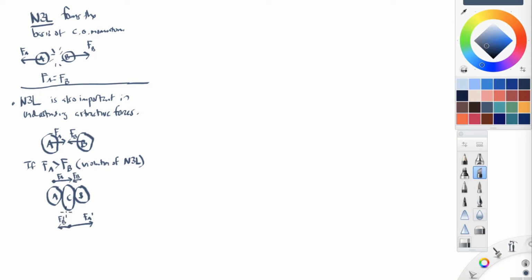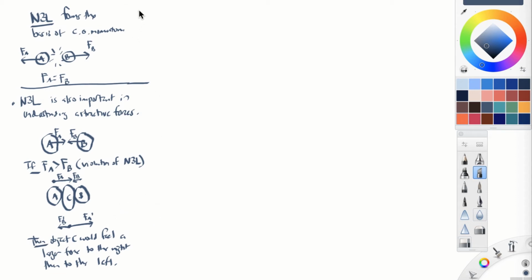Again, hypothetically, if A was attracted toward B more than B is attracted toward A, then object A would be pushing on object C more than object B would be pushing on C. So then, object C would feel a larger force to the right than to the left, correct? So if this is true, then this would be true.